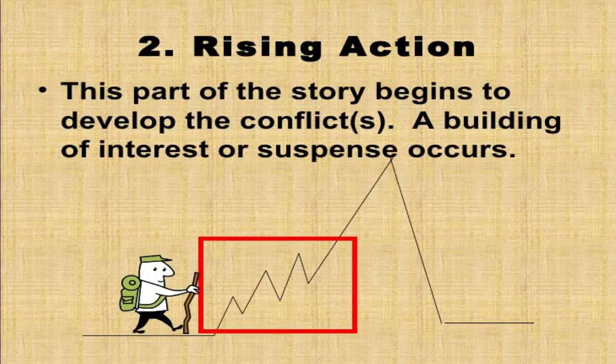So it isn't always a straight shot up to the peak of the mountain. We could have some ups and downs. Some stories, some books are going to have more suspense. They're going to have more building up. It really just depends on the type of story that the author is trying to tell us.